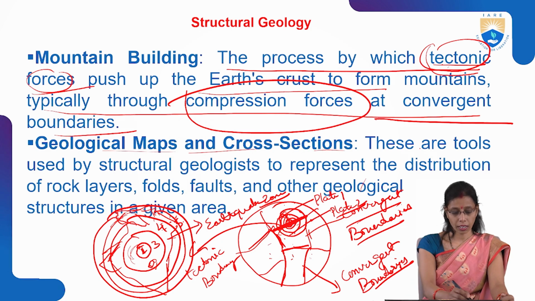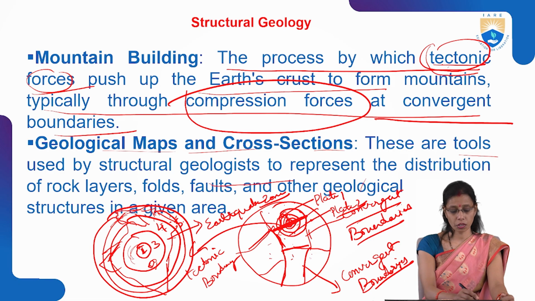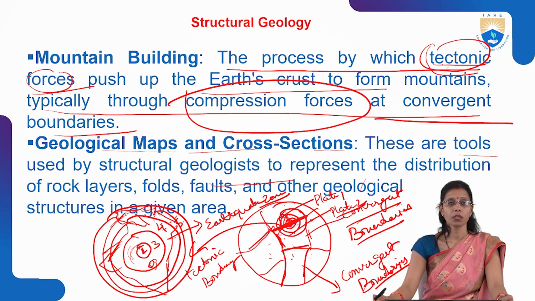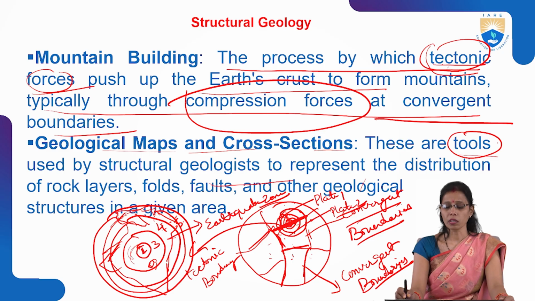And we have geological maps and cross sections. These are the tools used by structural geologists to represent the distribution of rock layers, faults, and other geological structures in a given area. We use these maps as a tool.